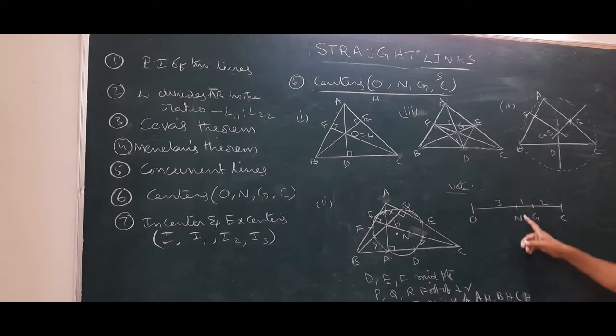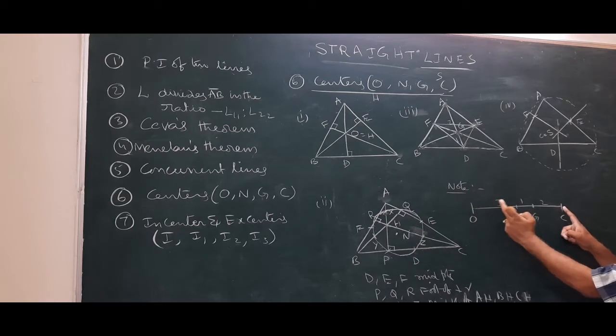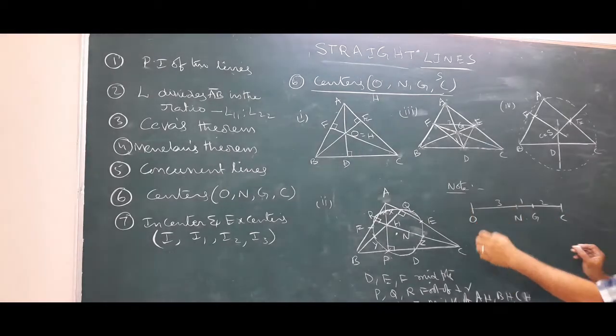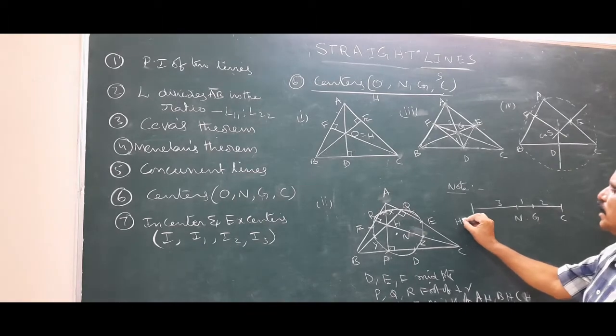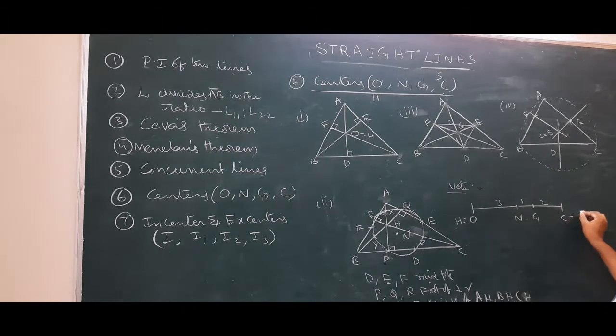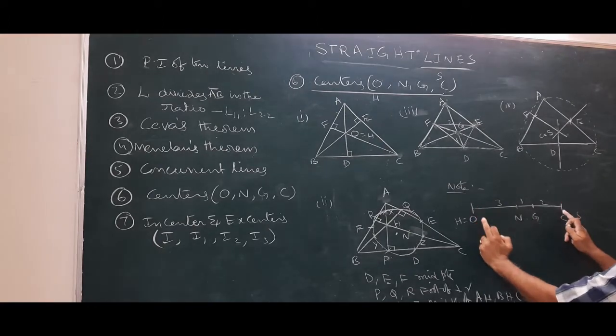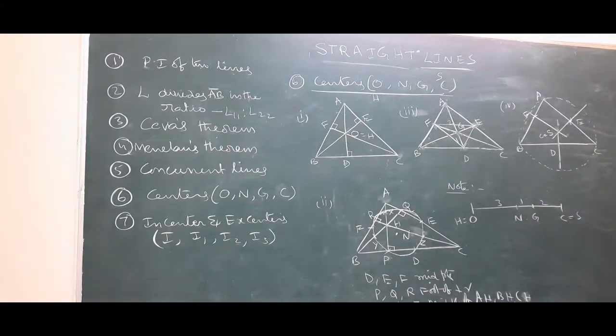N is the midpoint of OS. That means if you find orthocenter H and circumcenter S, we can find the 9-point circle center, that is the midpoint of these two.